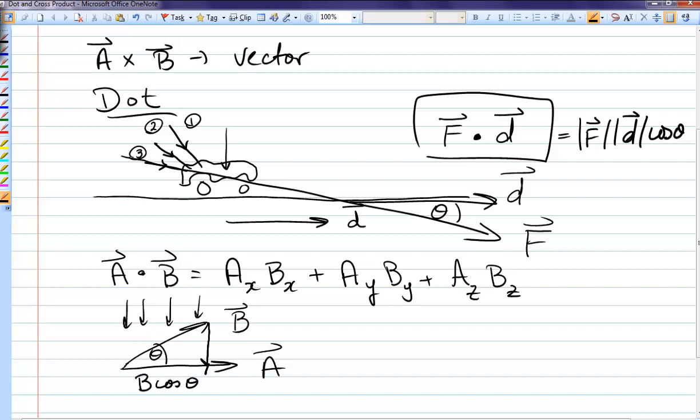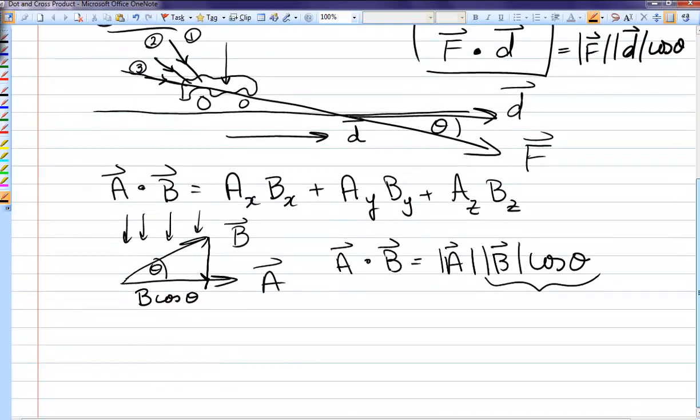The product of that projection and A is the definition of the dot product. So A dot B is magnitude of A, magnitude of B, cosine of the angle between them, where this is the projection of the B vector onto A. And you can see that if A and B are perpendicular, clearly the projection is 0.